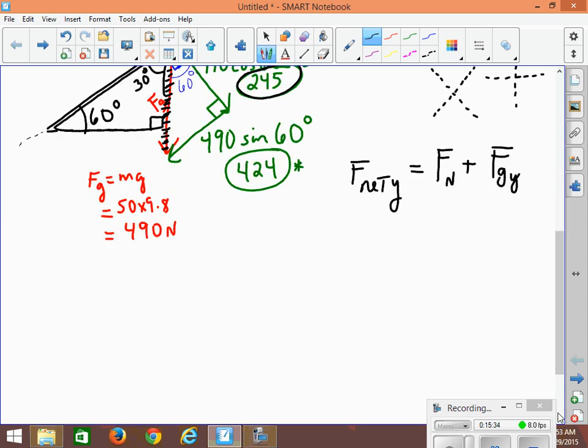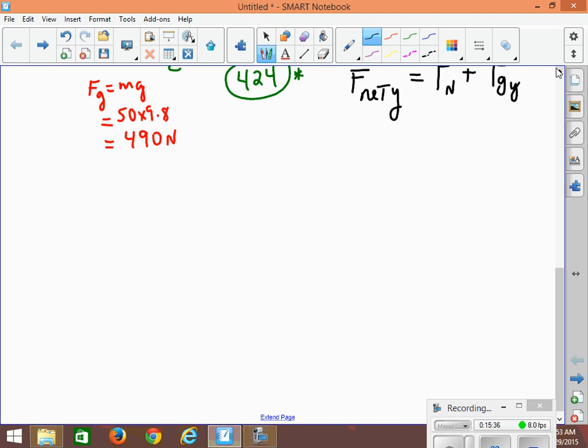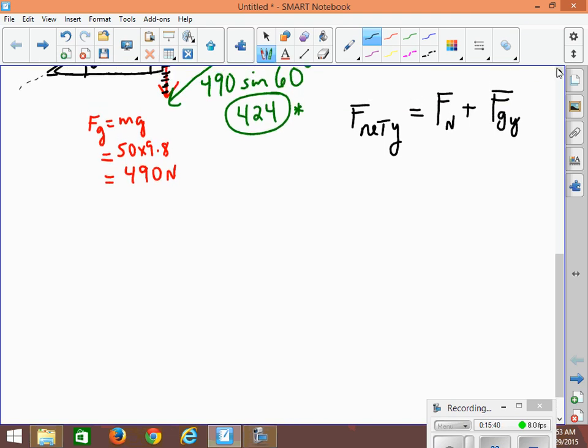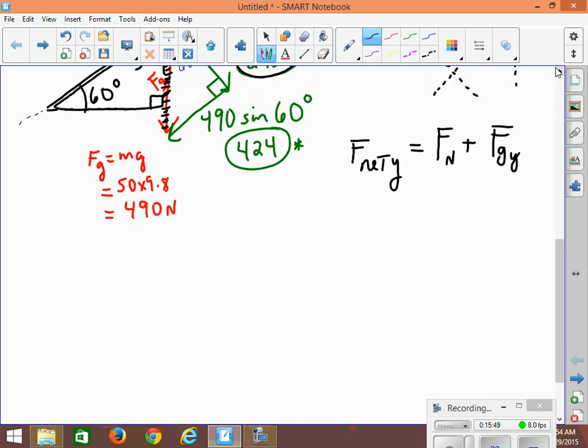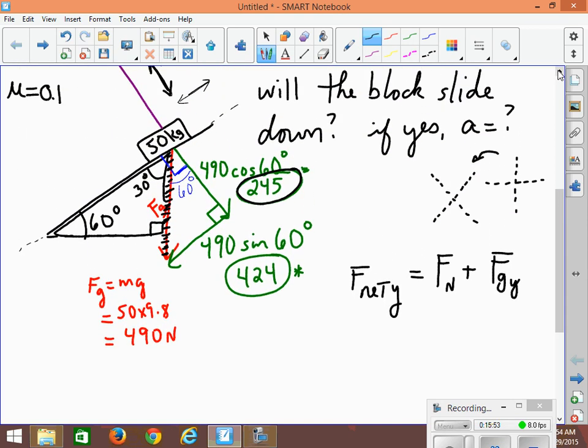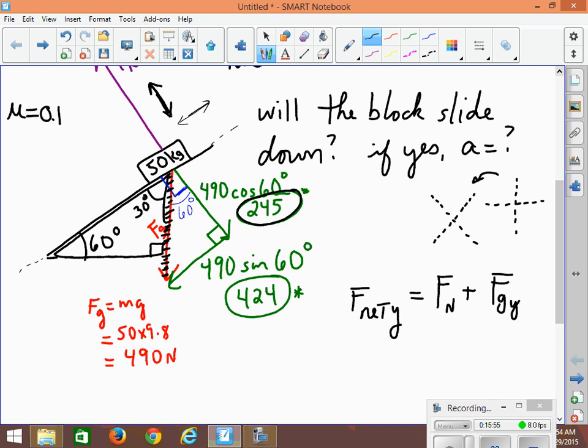If we put in our numbers that we've got, well, Fnet Y is going to be ma, but if the a happens to be 0, it'll work out to 0. And in this case, we can see that the block is not going to move in this direction.